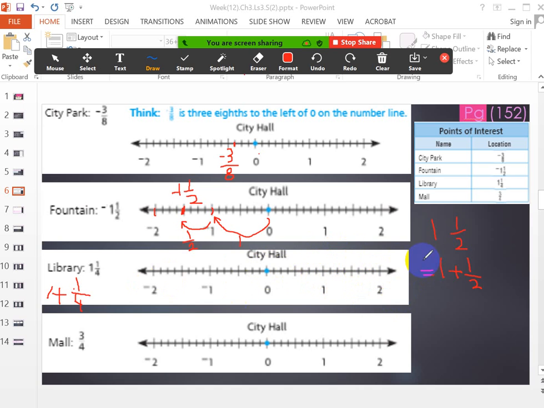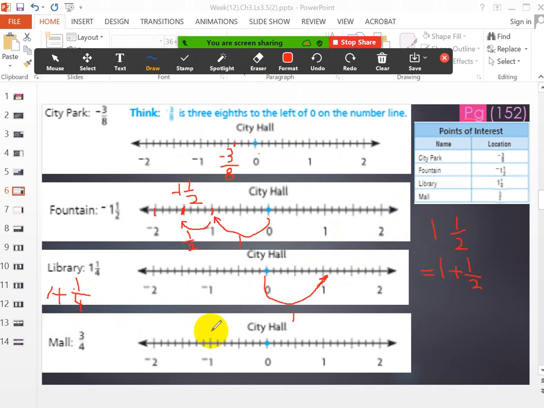Look at this number line. First thing, I will jump from 0 to 1. This is 1. Then I will jump to the fraction 1/4.